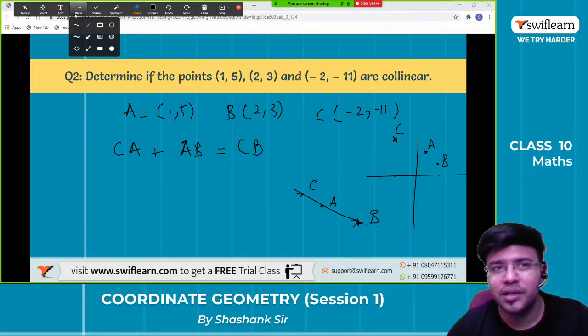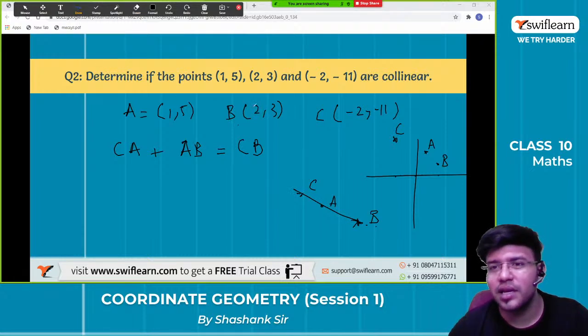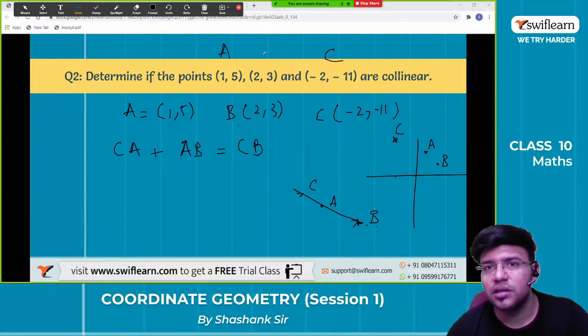Let us find CA first. How to find CA? This is C, this is A, this is B. Point C is minus 2 comma 11. Point A is 1 comma 5. Point B is 2 comma 3.